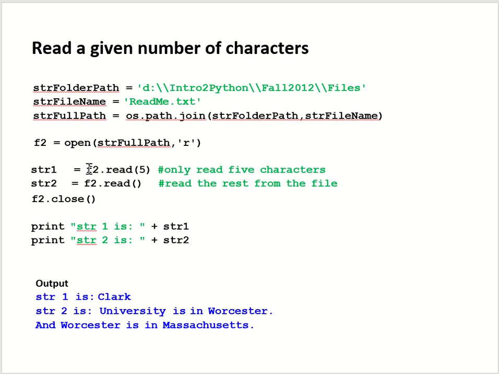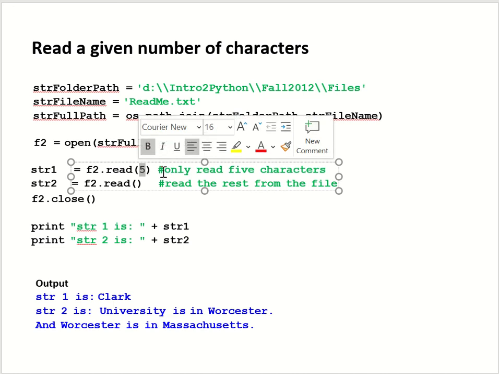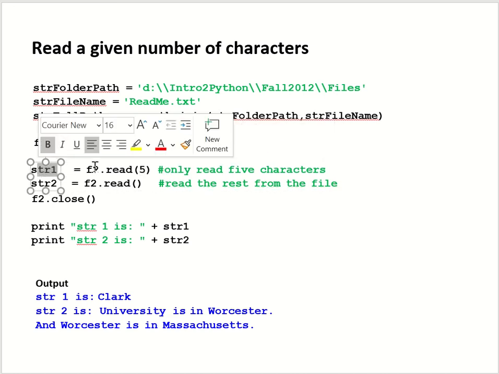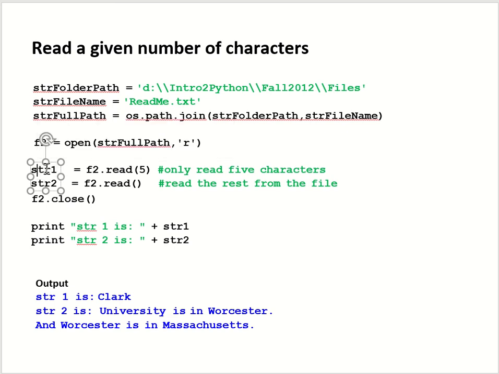And then string one could be f2.read(5). And what that means is read only the first 5 characters from f2 and assign those to this str1 variable. And then on the next line, the read method is called again, but with no number, and that's assigned to string 2. The file's closed, and both of those are printed.